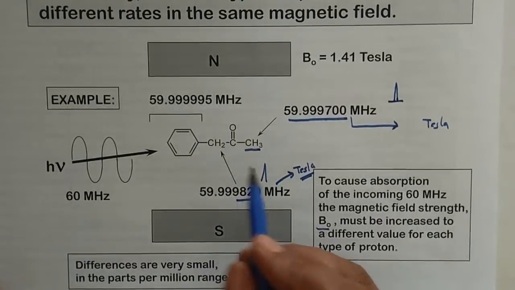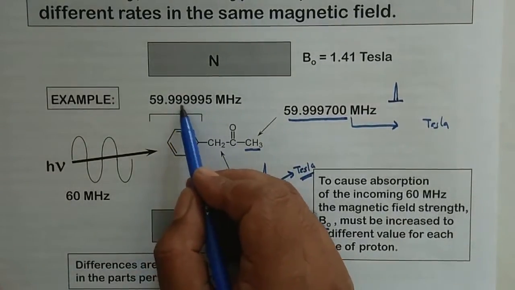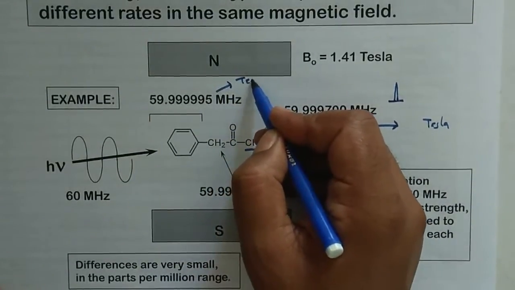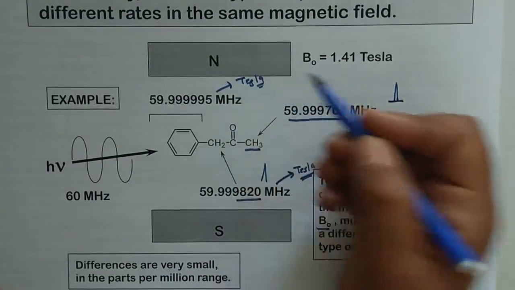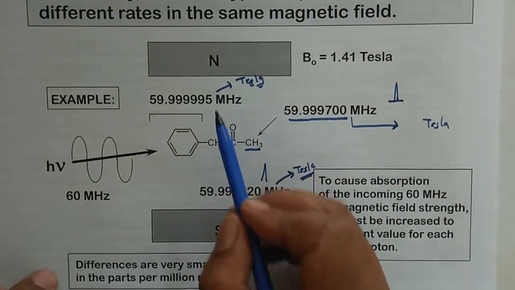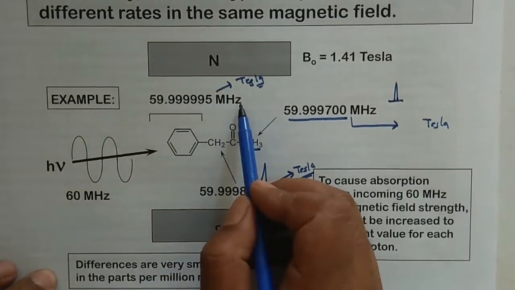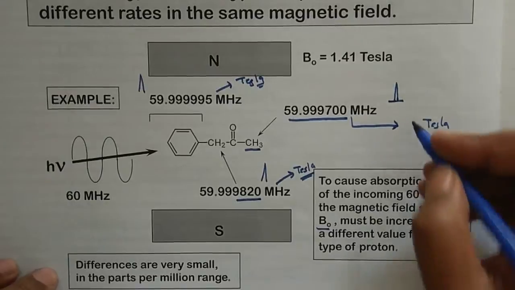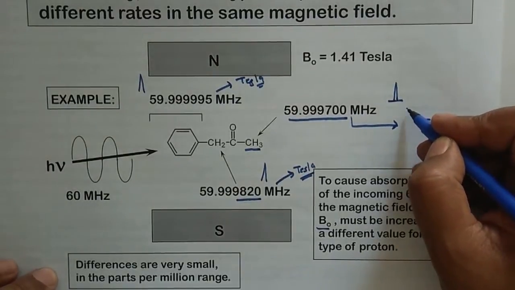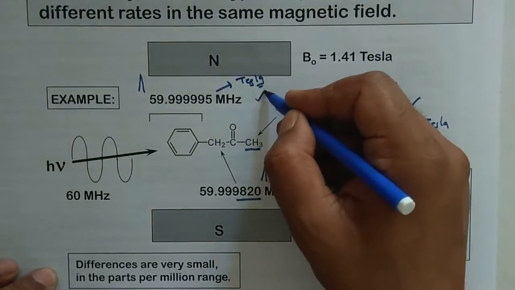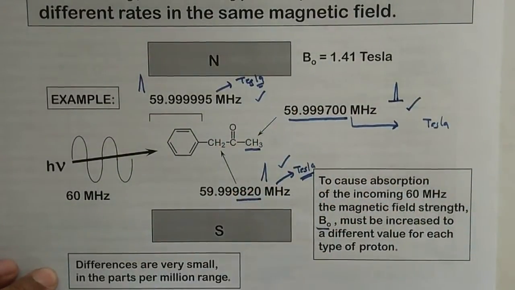After that you take 59.999995, fix the magnetic field related to this one, do the scanning, and then you get the signal. So you waste a little time to get this peak, then this peak, then this peak. This is the meaning of the field scan.